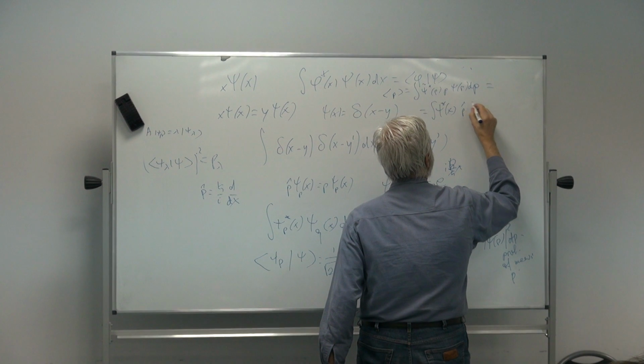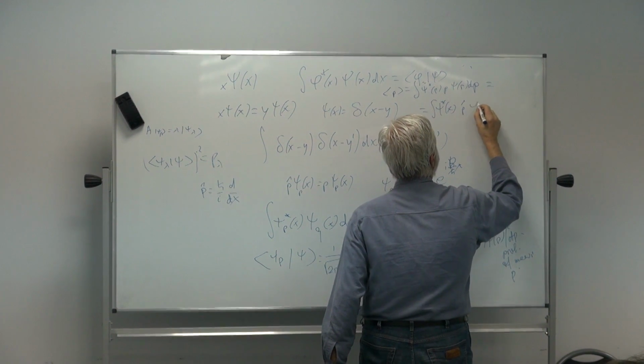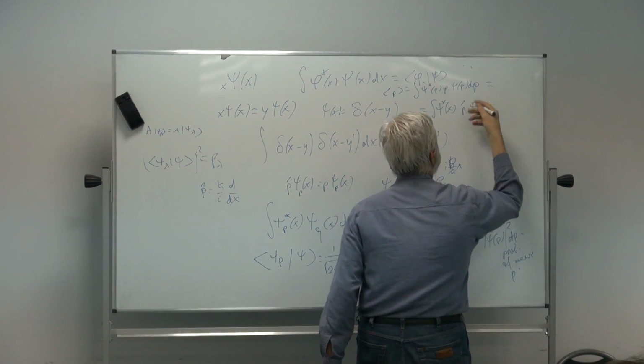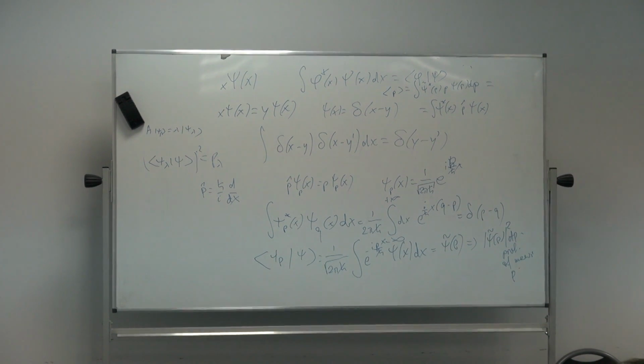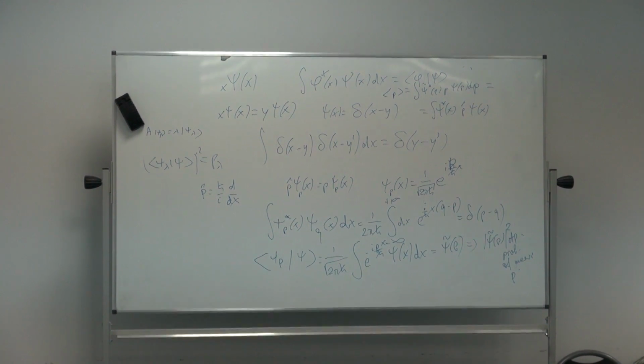And now there will be this differentiation here. So I can do it either way. And the same with position. Position is so easy to compute in the position space, and it requires some differentiation in the momentum space. So there's this reciprocity.